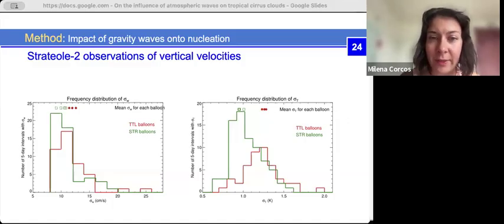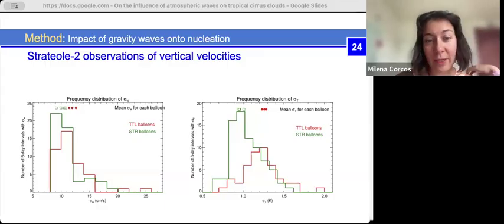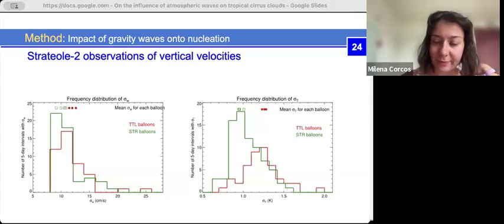So I show here distributions of the standard deviation of vertical wind and of temperature for all these segments. And as you can see, we observe a broad range of gravity wave amplitudes in the tropical tropopause region, which really matters for cirrus formation because we know homogeneous freezing is very sensitive to cooling rates. So this kind of motivated our study.